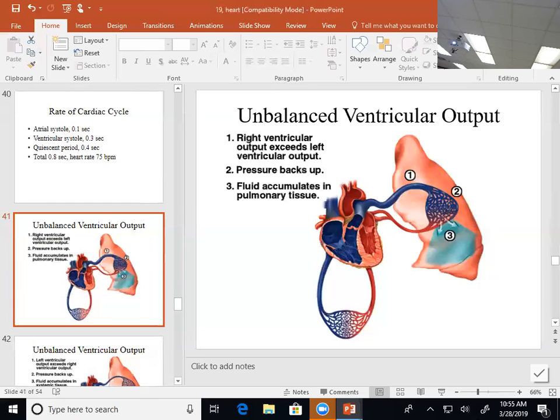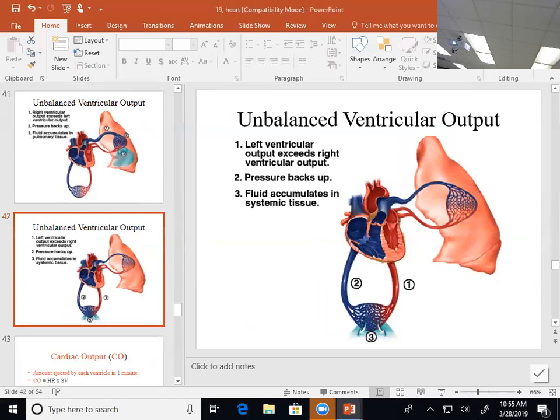It's giving the water and the blood plasma more time to move into the pleural tissue. And so what have you now got? What kind of edema? Pulmonary edema. Okay, so then when the left side is now exceeding what the right can do, what do you have? Systemic edema. You get that?